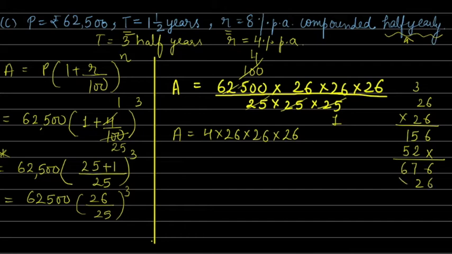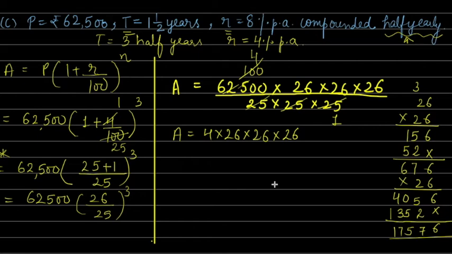Again you have to multiply it with 26. How much will it be? 6 6s are 36, 6 7s are 42, 45, 4 carry, 6 6s are 36 plus 40, 2 6s are 12, 2 7s are 14, 15, 2 6s are 12 and this gives you 13. Add it, 17,576.